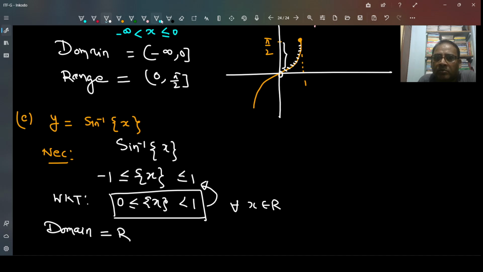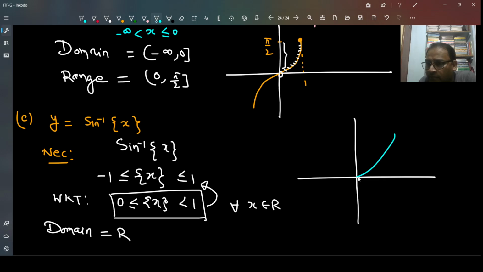Now look at the graph of sine inverse x. All of you know that sine inverse x looks like this. It is at pi by 2, and at minus pi by 2. The curve will look like this.